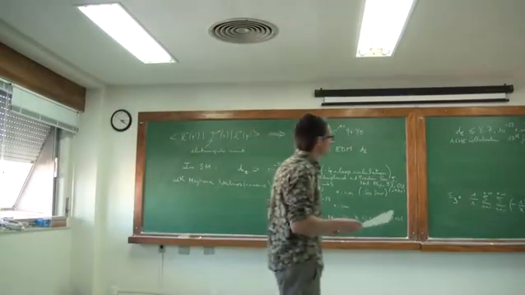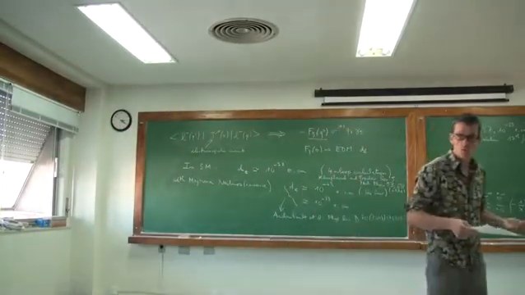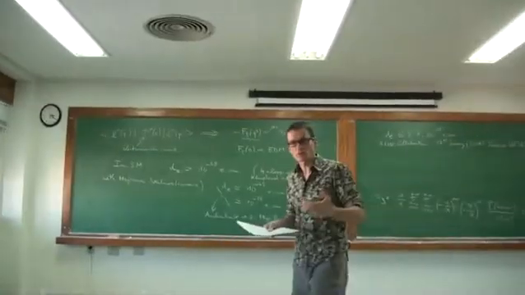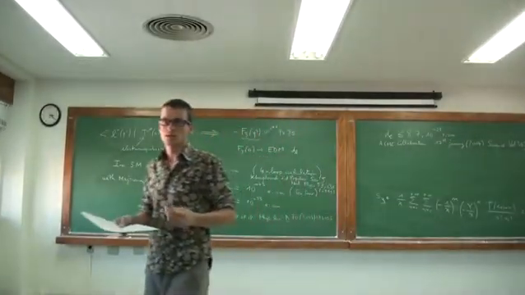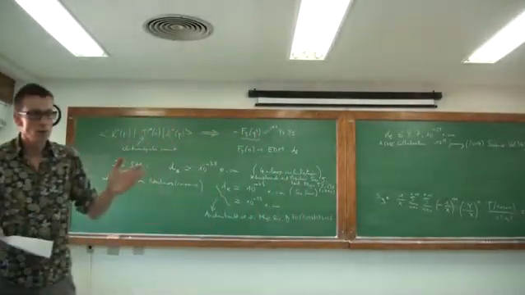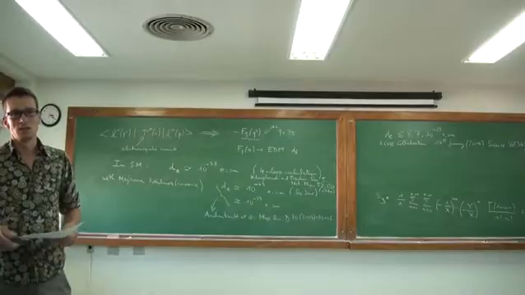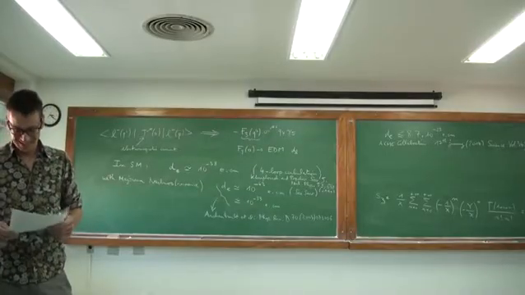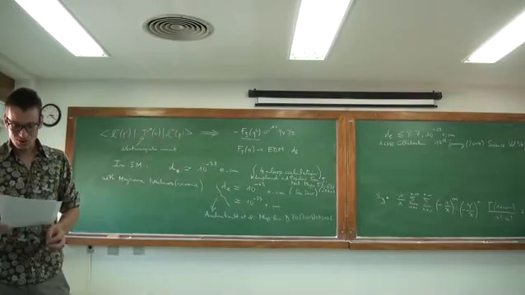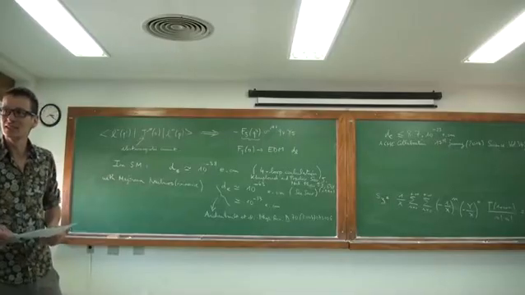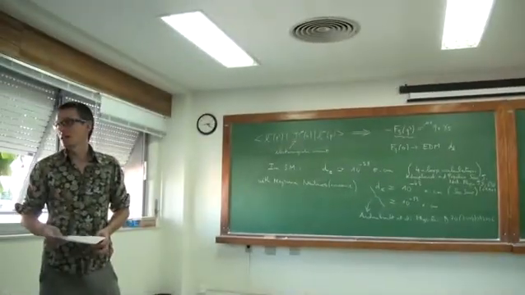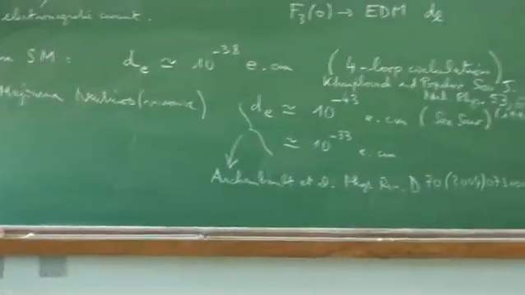And I will finish by saying that there are hopes in the not so far future to find a non-zero value in some experiments. But when exactly, I don't know. For the muon and the tau, the EDM has not yet been measured experimentally.